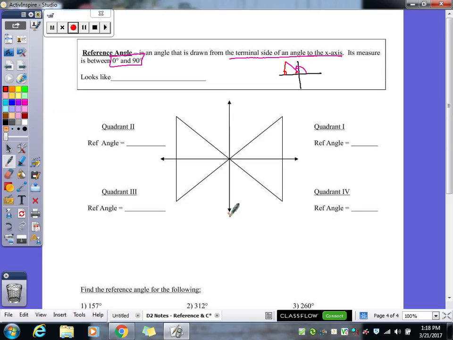Your reference angle is always in between your angle and the x-axis. What does my picture end up looking like here? A right triangle. So you end up forming a right triangle using your x-axis, and it's always your x-axis.